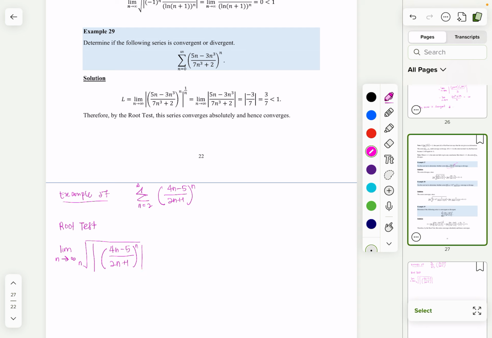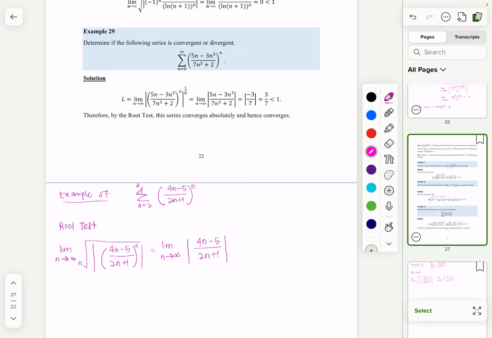Now we have this form, so we can simplify it first. Since we have the root of n and the power of n, this can be cancelled out. What's left, I still put the modulus or the absolute, is (4n minus 5) divided by (2n plus 1).